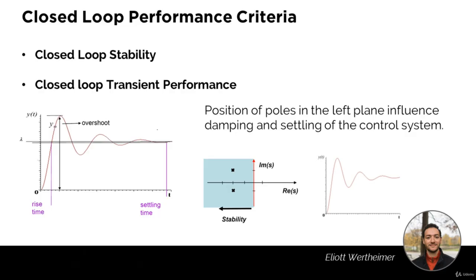So essentially, the position of the poles in the left plane, for example, how far left or how far right they are, will have a direct impact on the oscillations of the control system as well as the time the system takes to settle down to a steady state.